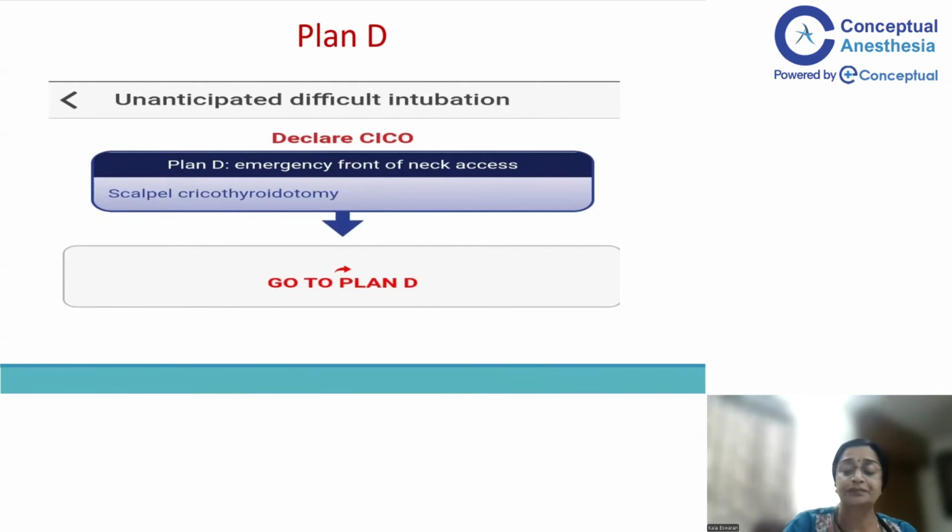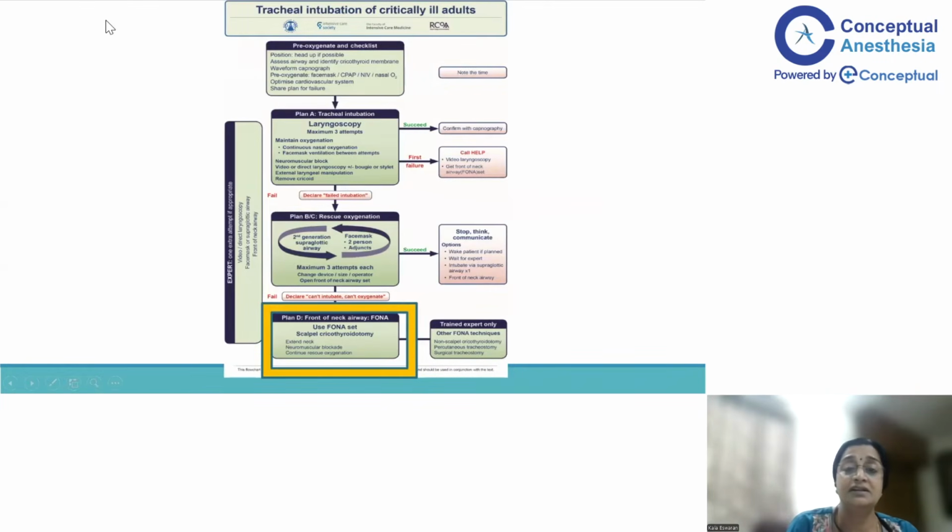So this is very, very important. In tracheal intubation for critically ill in ICU also, the plan D is front of neck access, emergency scalpel cricothyroidotomy.